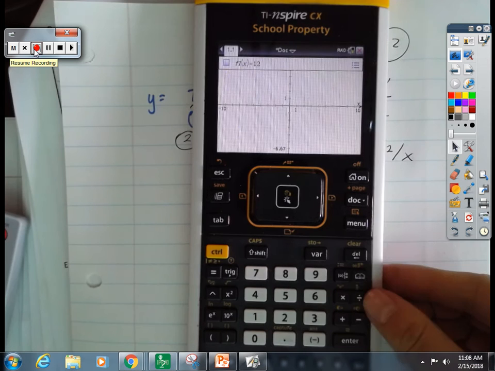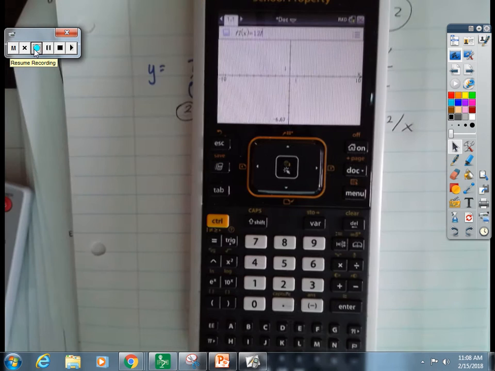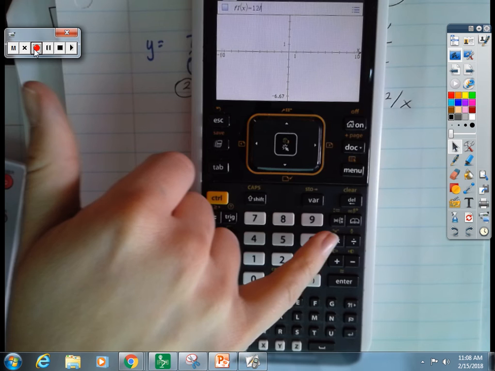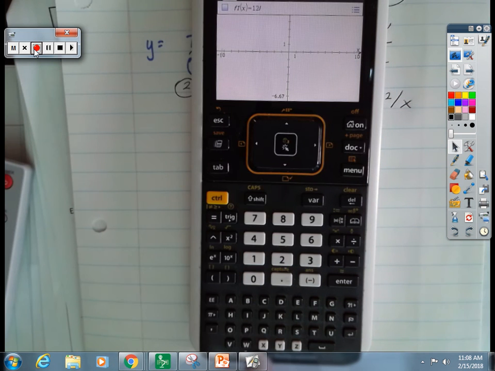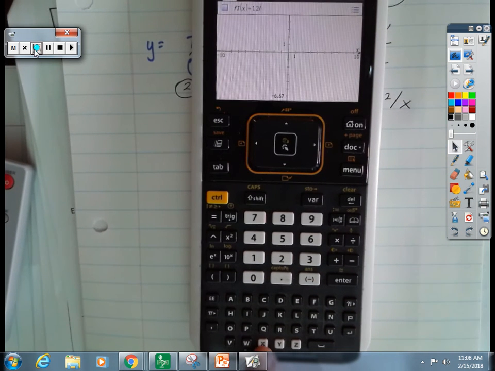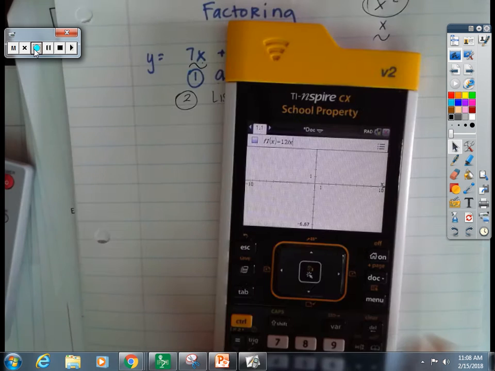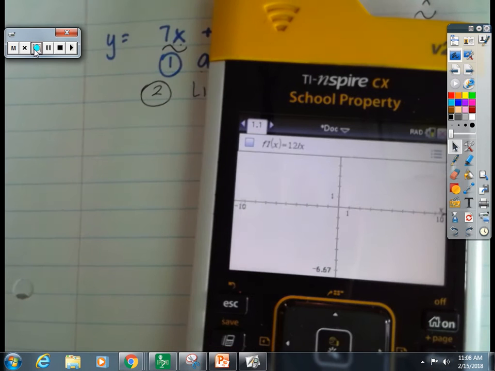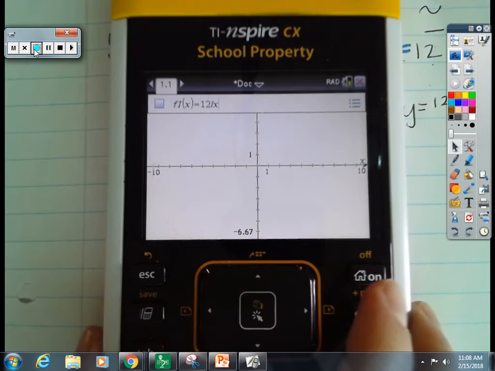Here's divide. Now, you want to divide by x. This is not x. This is multiply. So you're going to use this one here for x. Alright? So this is what it looks like. I'm going to press enter so you can see the graph.